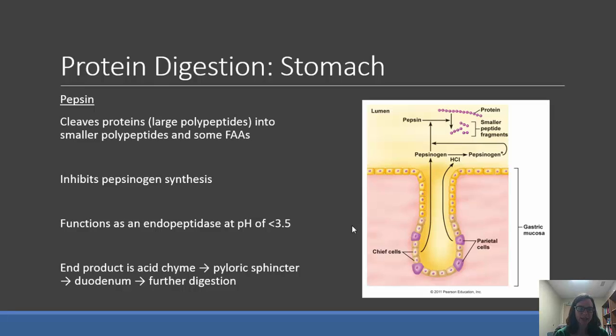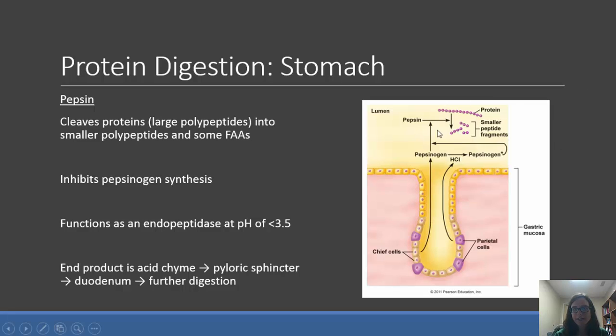At this low pH, pepsin functions as an endopeptidase, which means it attacks peptide bonds within the polypeptide chain, not just at the end. So the end product of degrading these proteins is shorter polypeptides in our acid chyme, and the chyme then goes through the pyloric sphincter and into the duodenum, where it will be further digested.